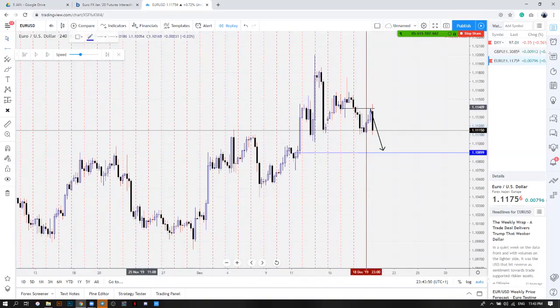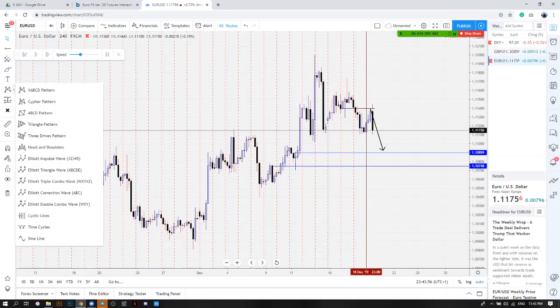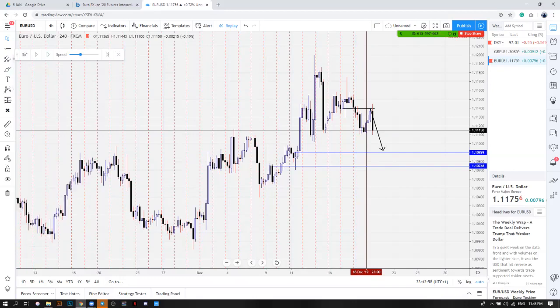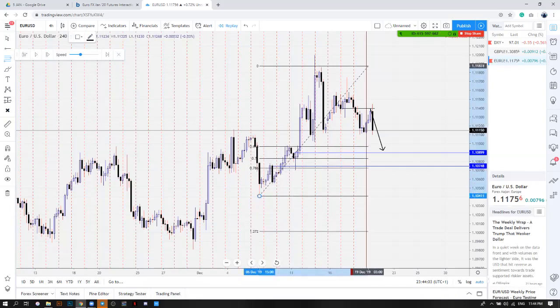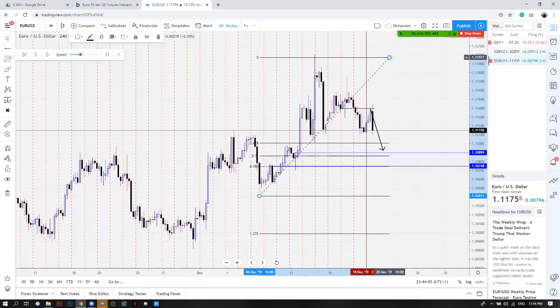There's 2. 1, 2 levels. Now, pull out your Fibonacci from the low to high. And this is where we're going to expect the market to go up.